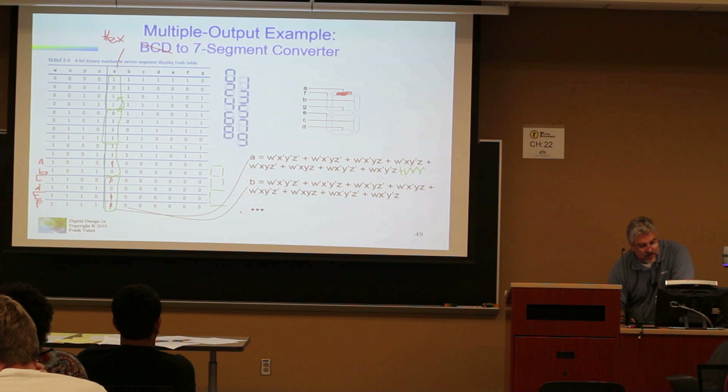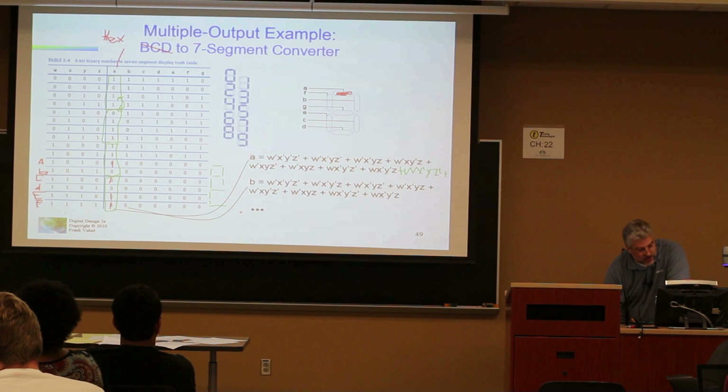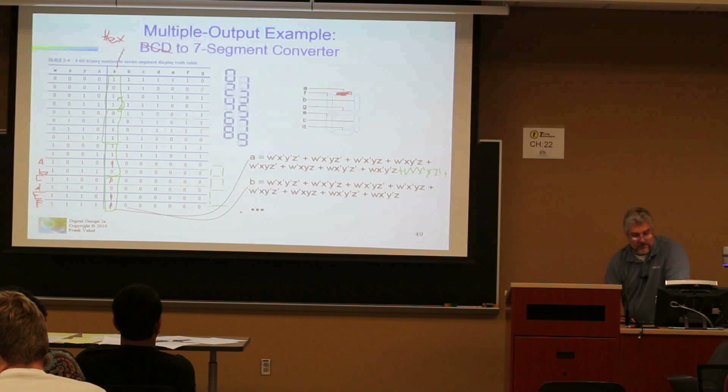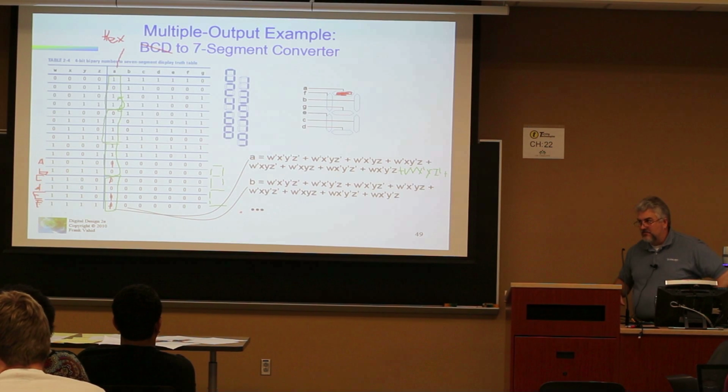All right, WX prime, Y, Z prime, plus the one for this, the one for this, the one for this. But I'm not going to go on because you could figure that out on your own.